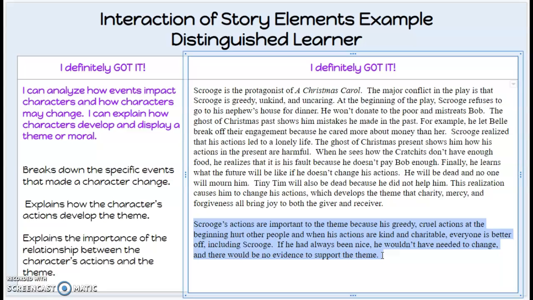At the beginning, he is the great All-Father that everybody knows him as. And at the end, he sacrifices so that he can help even more than he has already. If Scrooge didn't change, we wouldn't have the theme that charity, mercy, and forgiveness all bring joy to both the giver and the receiver.